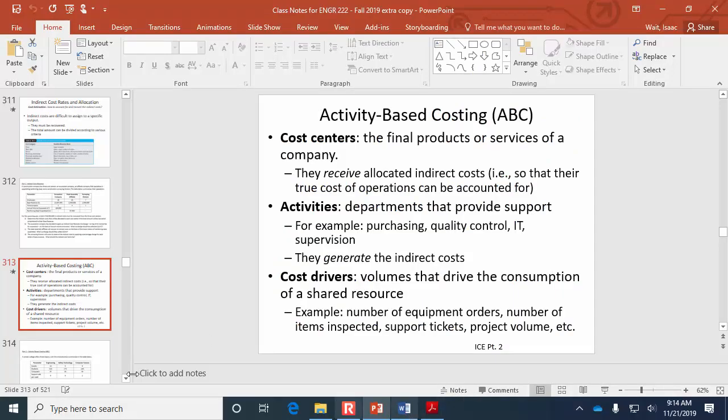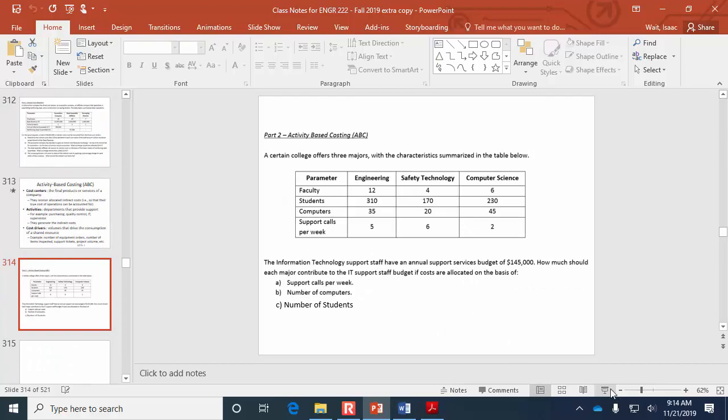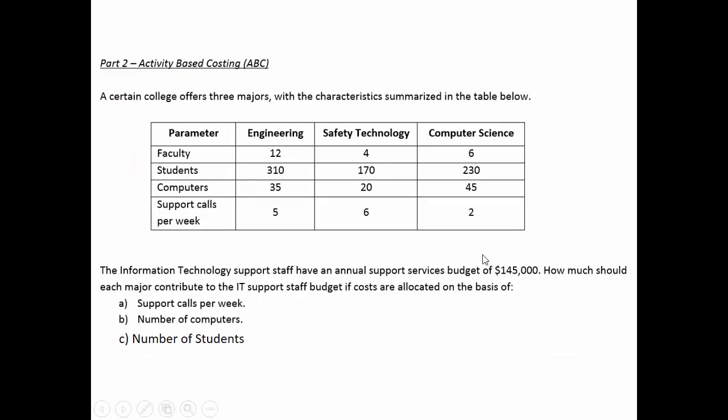But in the in-class exercise example, what we were saying is that to do IT support costs $145,000 a year. And this is just another case of you're trying to figure out, of the $145,000, how much should each of these three divisions be expected to pay.